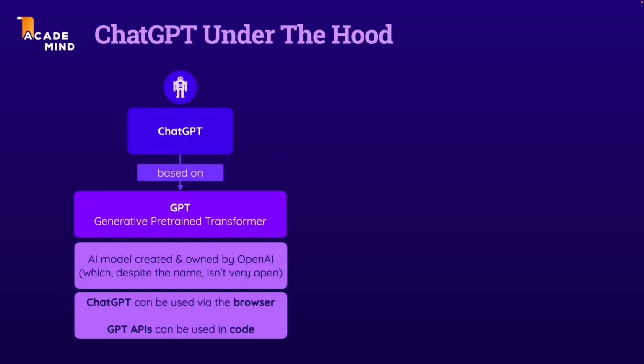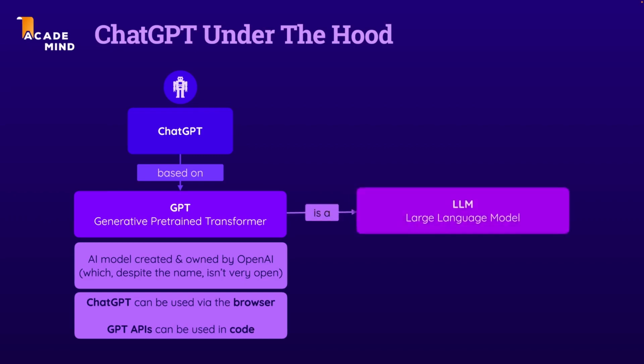Now, this GPT AI model is a so-called large language model. And large language models are now a general thing, not exclusive to OpenAI. So ChatGPT and those OpenAI trained GPT models are owned by OpenAI. Large language models are a general concept, and the GPT models happen to be such large language models.